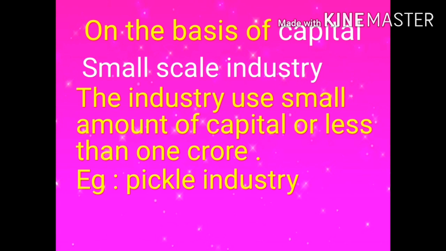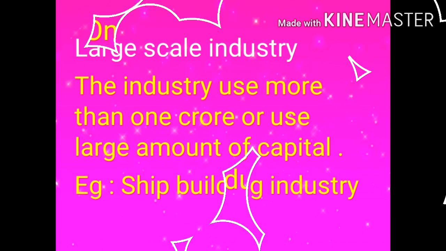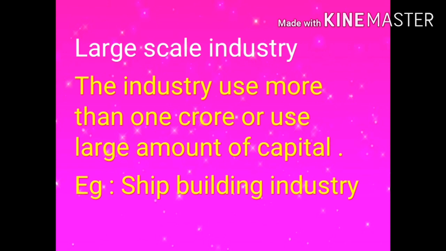Next, on the basis of capital, industries are classified into 2: small-scale industries and large-scale industries. Small-scale industries use a small amount of capital, less than 1 crore, for production, for example, the pickle industry. Large-scale industries use more than 1 crore or a large amount of capital for production, for example, the shipbuilding industry.